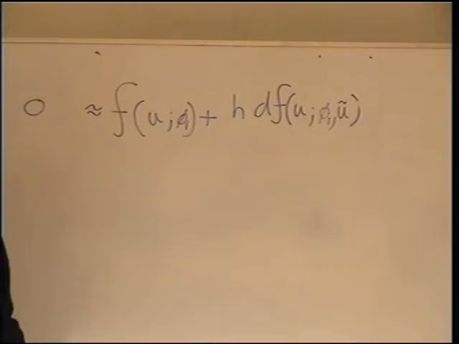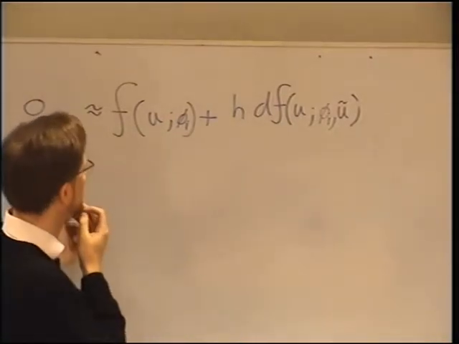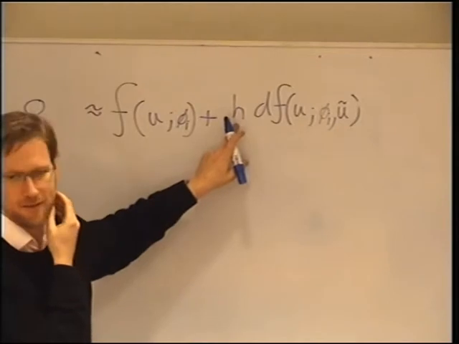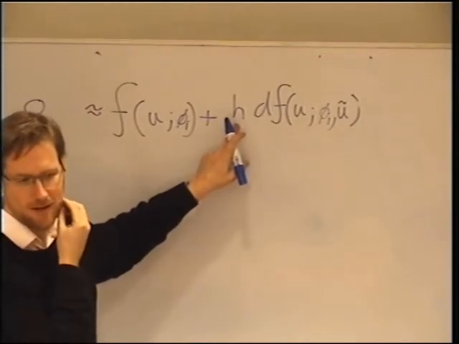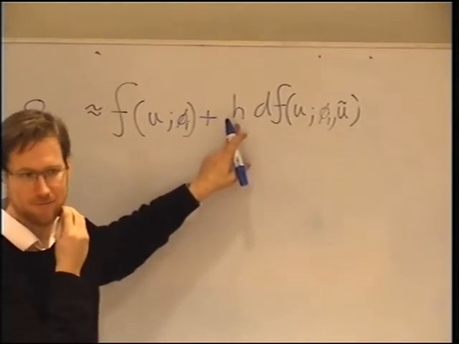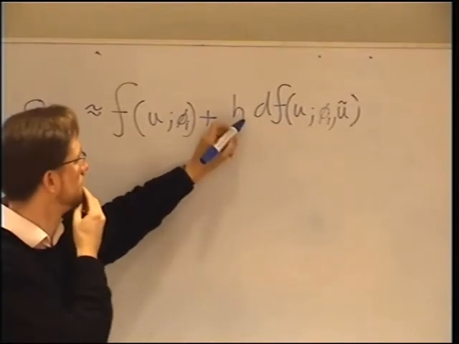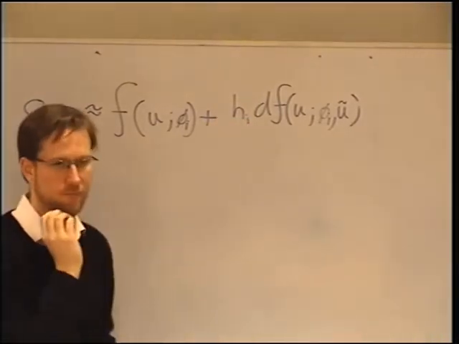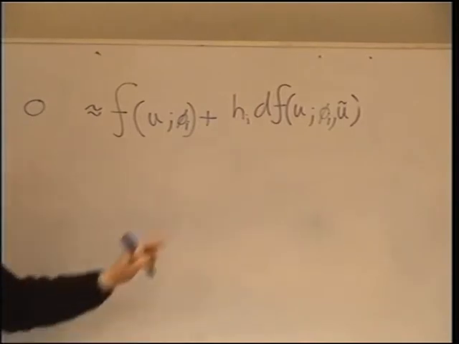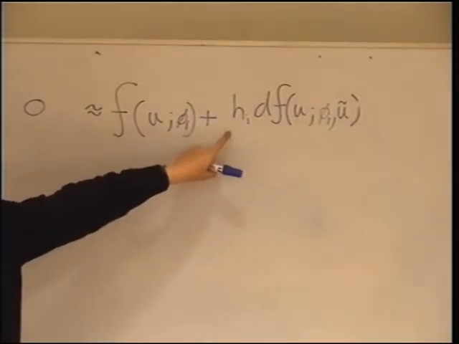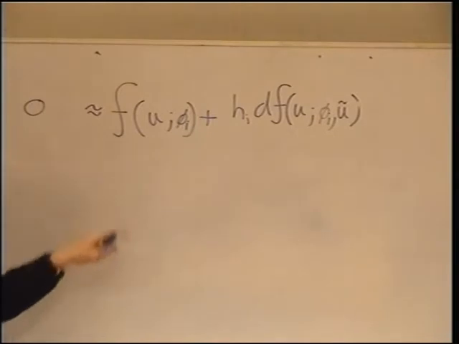But now this is a whole load of different equations. There's no reason to suspect that h is the same in each case, right? So I'm going to get a vector of h_i's that comes out to be this.